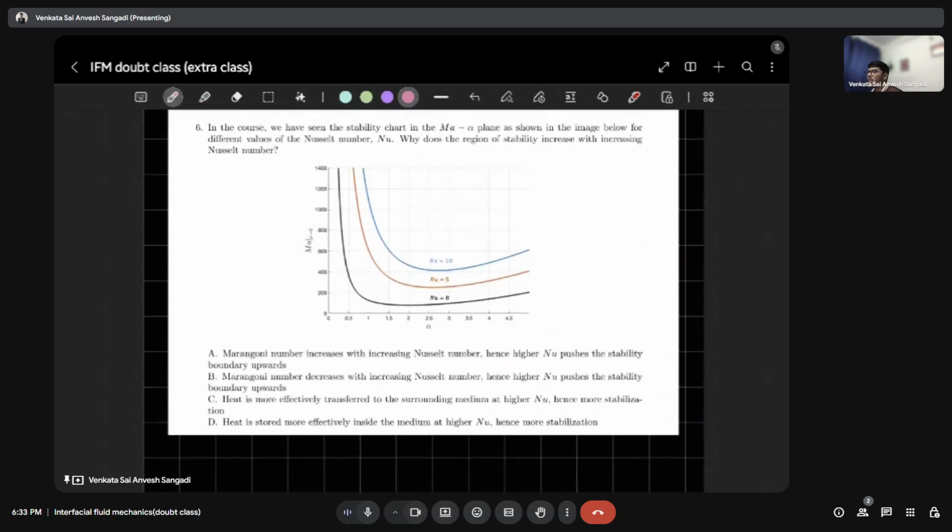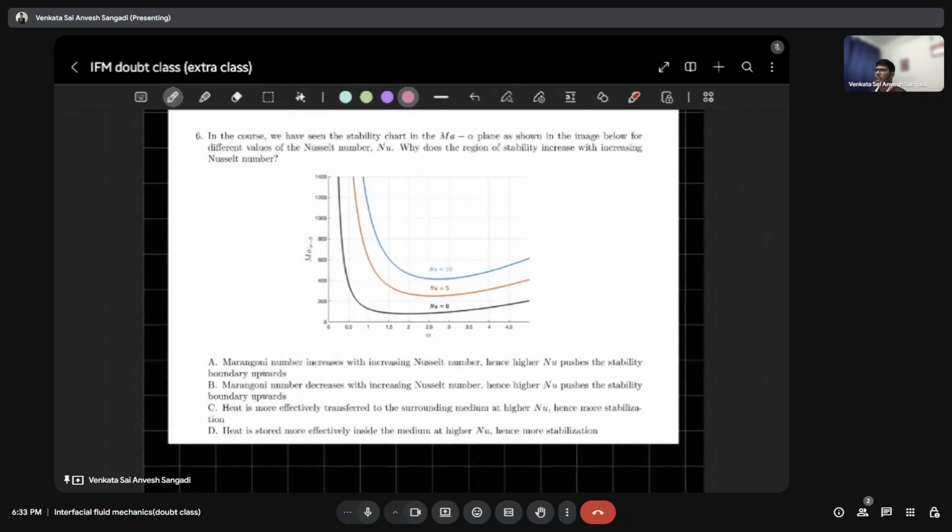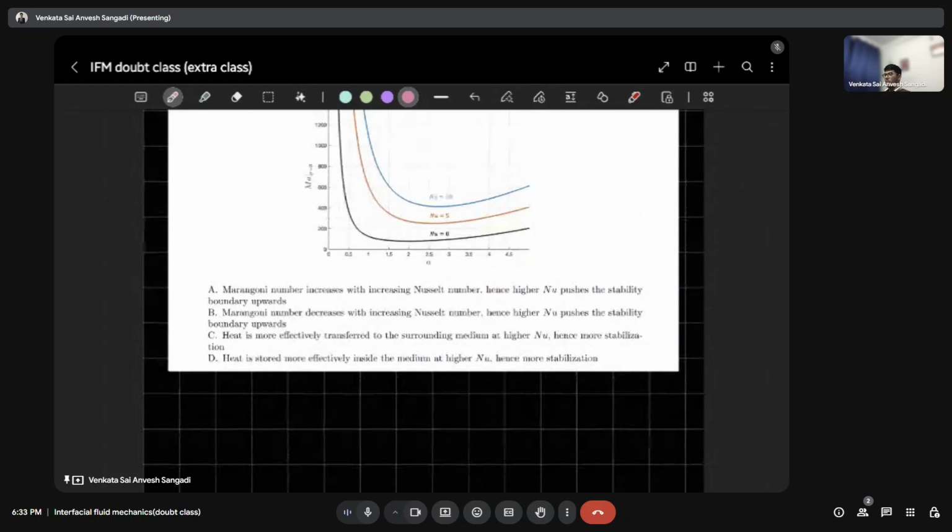Marangoni number increases with increasing Nusselt number, hence higher Nusselt pushes the stability boundary upward. Marangoni number decreases with increasing Nusselt number, hence higher Nusselt number pushes the stability boundary upwards. Heat is more effectively transferred to the surrounding medium at higher Nusselt number, hence more stabilization. Heat is stored more effectively inside the medium at higher Nusselt number, hence more stabilization.